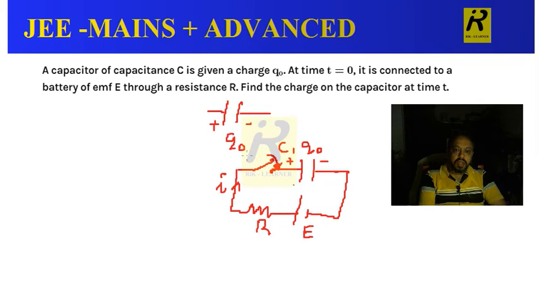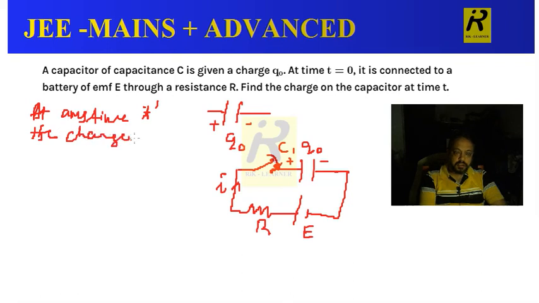Say at any time t, the charge on the capacitor is Q. Okay, Q. So, by definition, what do we know?